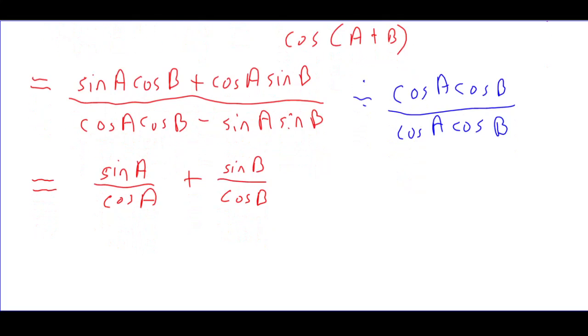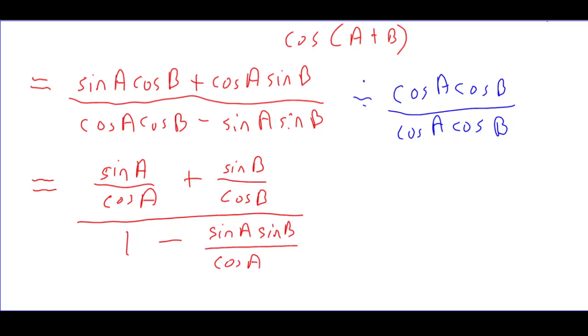As I do the bottom of the fraction, I'm going to take cos A cos B and divide by cos A cos B. So that's actually just going to give me 1. Sine A sine B divided by cos A cos B. Nothing divides out, so I get sine A sine B divided by cos A cos B.